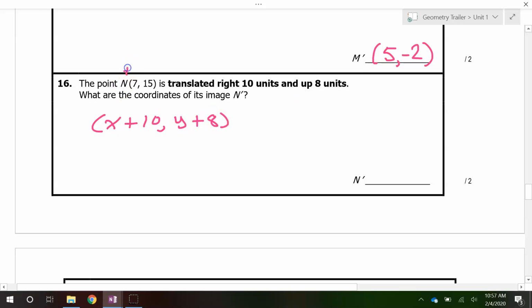So I'm adding 10 to the x value, and I'm adding 8 to the y value. So 7 plus 10 is 17. And 15 plus 8 is 23. So that's number 16.